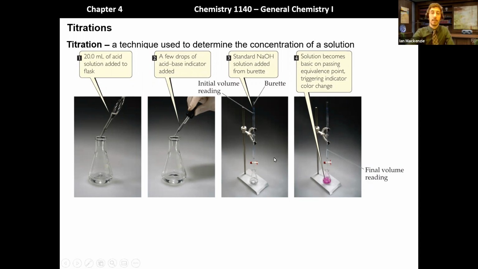Then we set up a burette that has sodium hydroxide, a base, something that will react with the acid. We know the concentration of this solution. It's called a standard solution because we know its concentration.